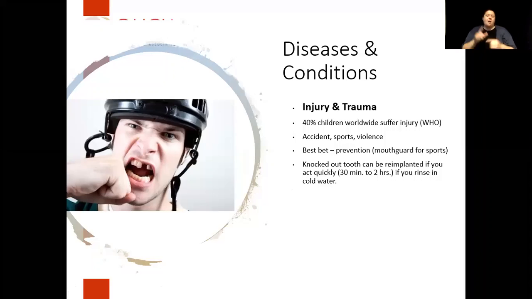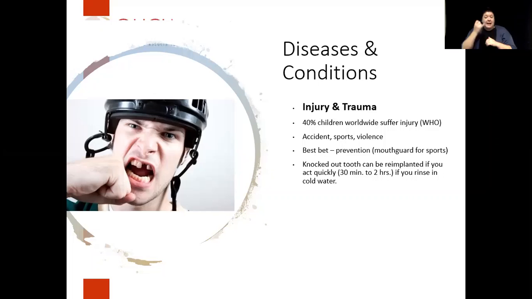Now, I don't know if you're aware, but if you have a trauma or an injury where you lose a tooth, you actually can put the tooth back in. There's 40% of children worldwide who suffer injury and trauma to their mouth, according to the World Health Organization. This can be through an accident, through sports, or through violence.